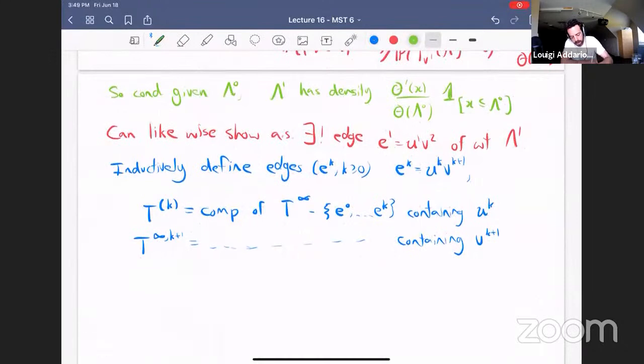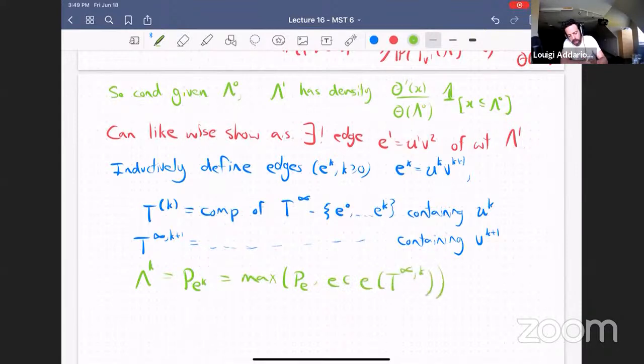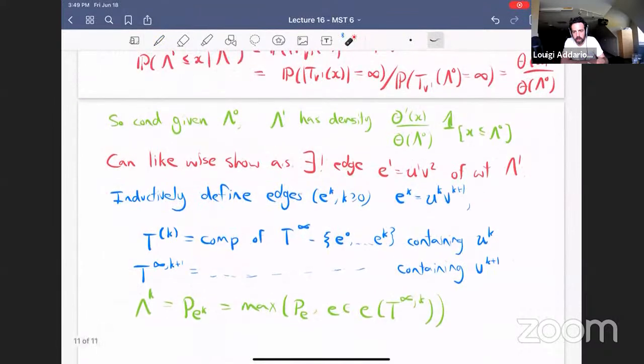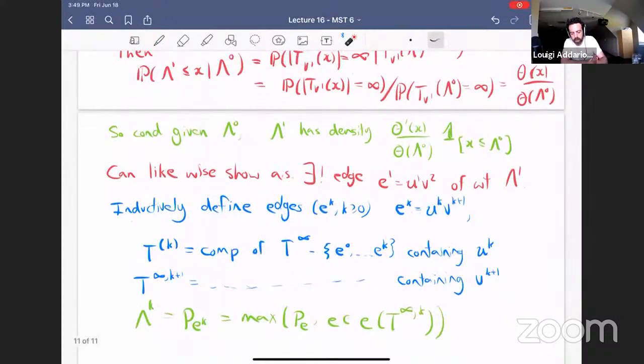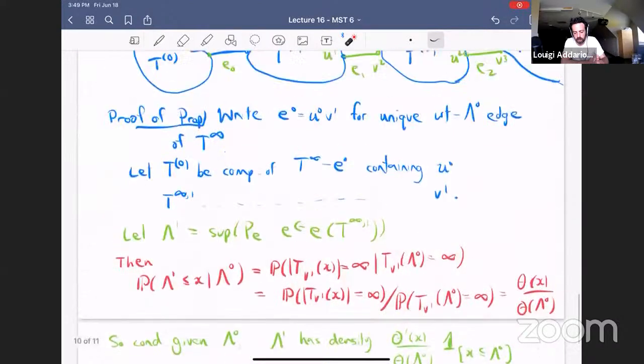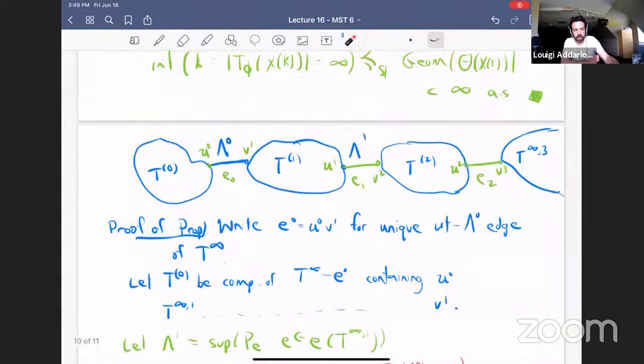And then lambda K is the weight of EK, which is also the largest edge weight that's ever added within the tree T infinity K. Now I'm writing it as a max and not as a supremum because I justified the first step, but the same sort of argument shows that at every step there is a unique edge of this weight.